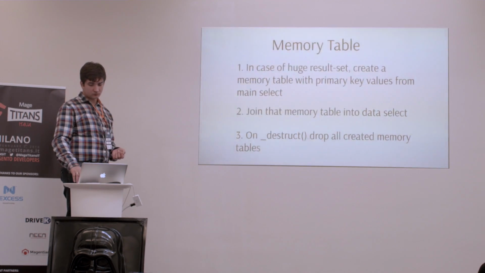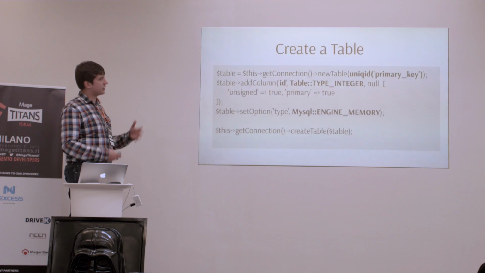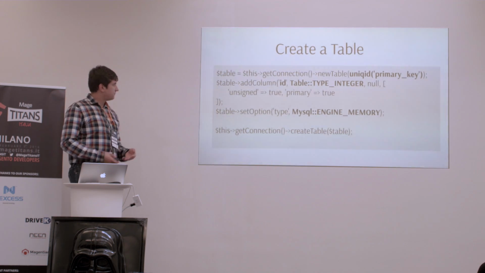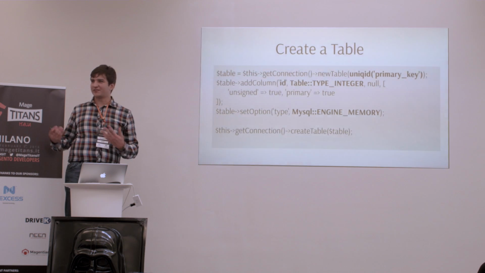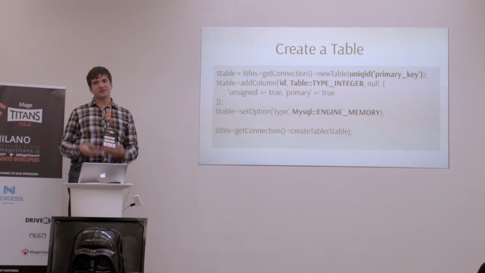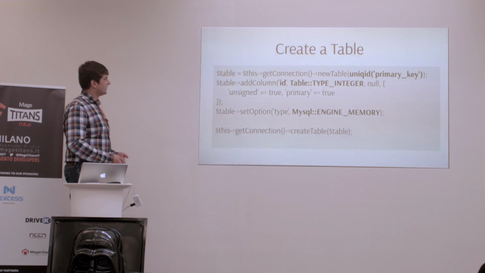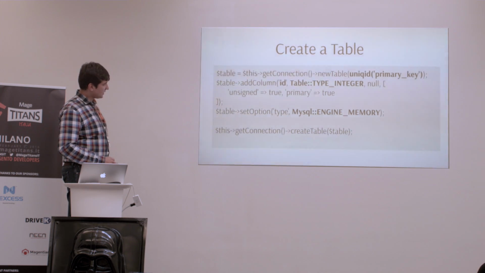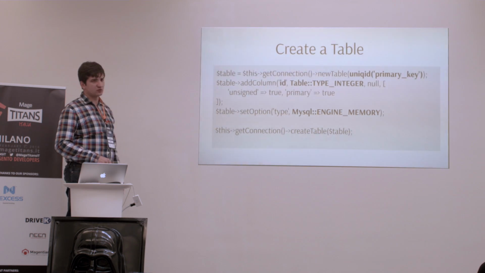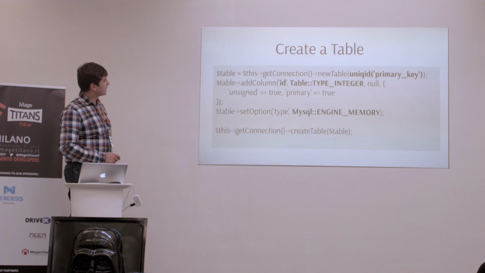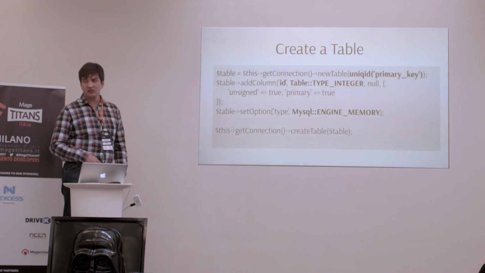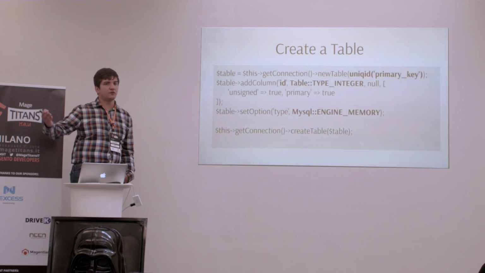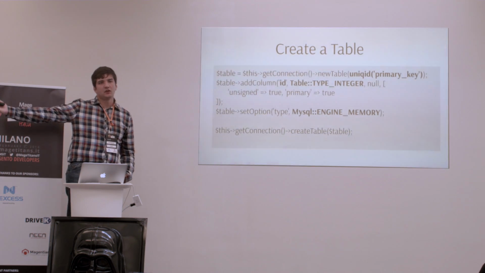So how to create a memory table in Magento? This code actually applies to both Magento 1 and Magento 2, as they use the same methods and a similar API structure. This one particularly is Magento 2 based. You can access a connection, you can create a new table, and you specify some unique ID for it because it should be unique for every operation you have.